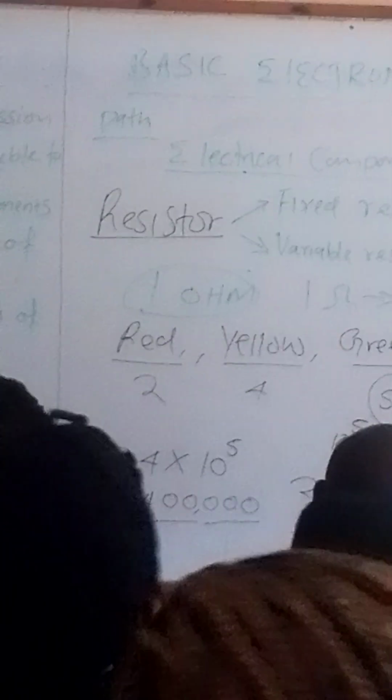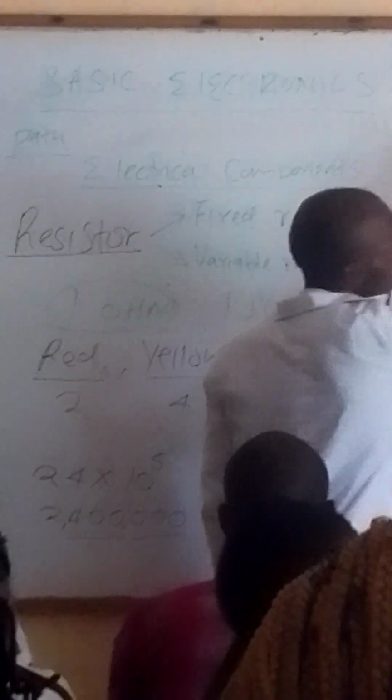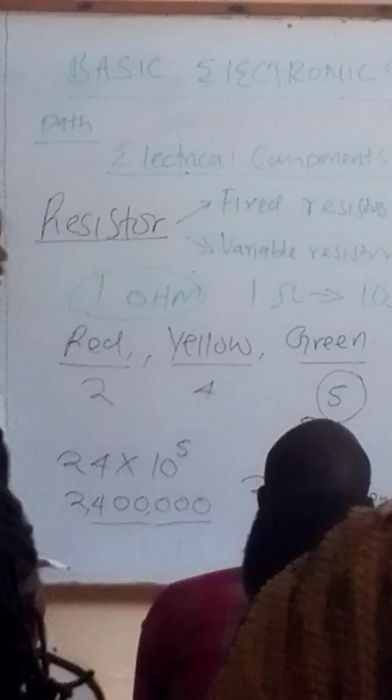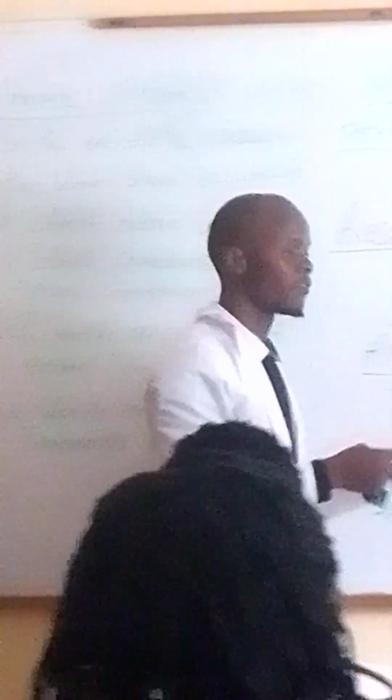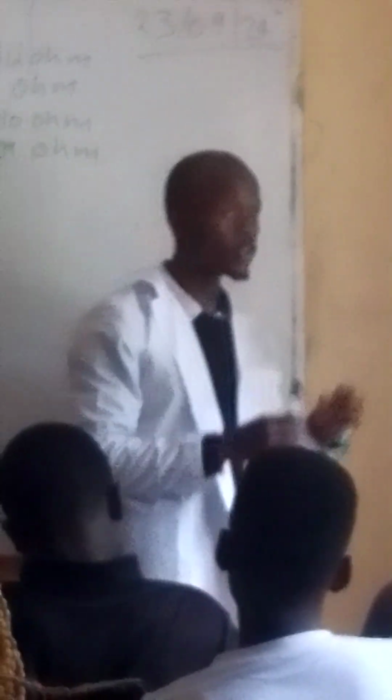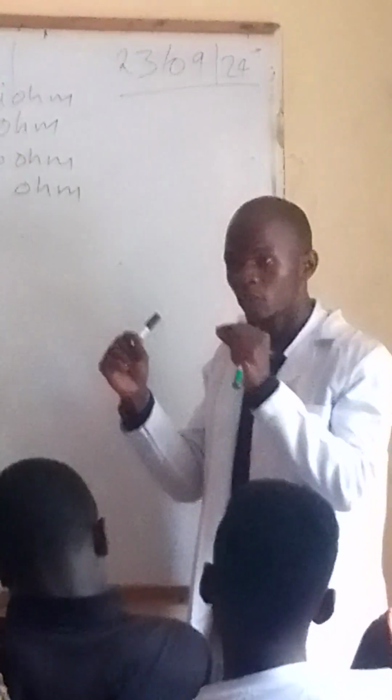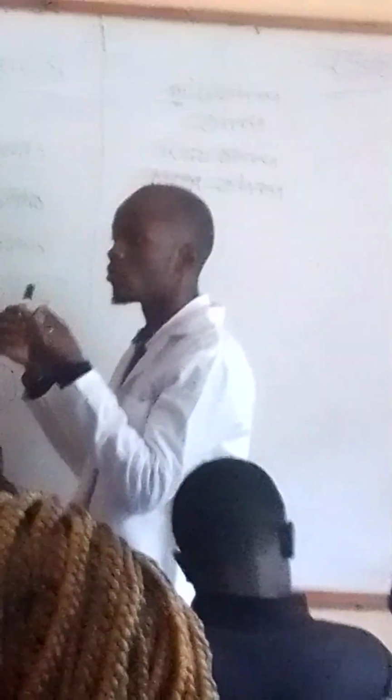Capital M. Milli ohm is small m, mega ohm is capital. Take note of that. Is that okay? So that is how you find the value of a resistor. When you take a resistor with those bands, you can always read it using your eyes.